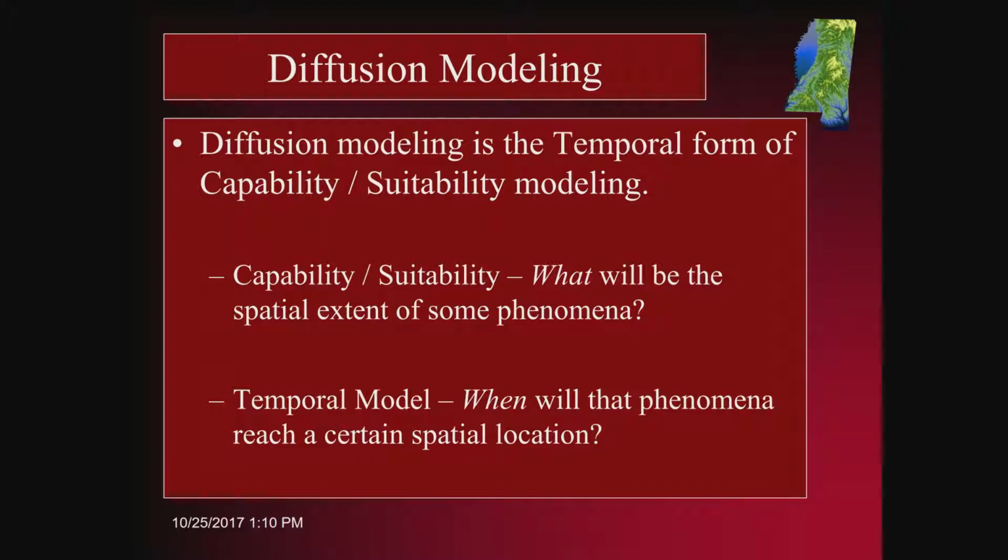So capability suitability modeling, as you remember, is what will be the spatial extent of some phenomenon that can happen. So that's one way to phrase the question. Where is something okay to grow? Where is something okay to exist? How well can it exist? Those are problems that fall into this category. When we add the temporal aspect, we're updating the question to answer when will that phenomenon reach a certain spatial location.